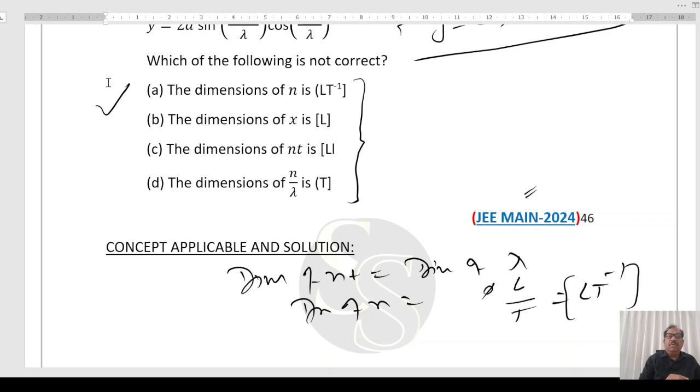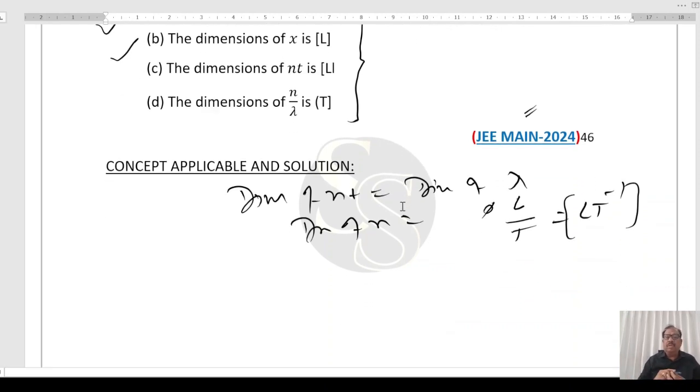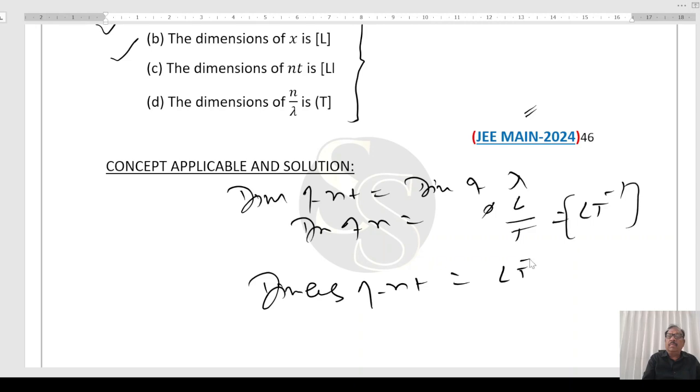Dimension of X. X is the distance, length, the dimension of X is dimension of NT. See in NT, dimension of NT, LT minus 1 into T1, that is L. Dimension of NT is right.